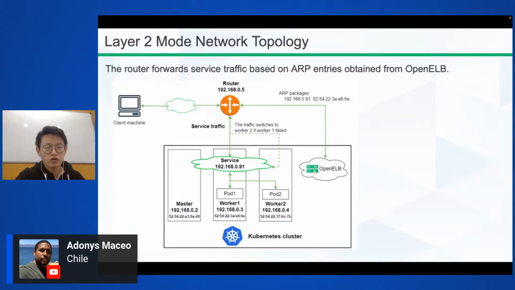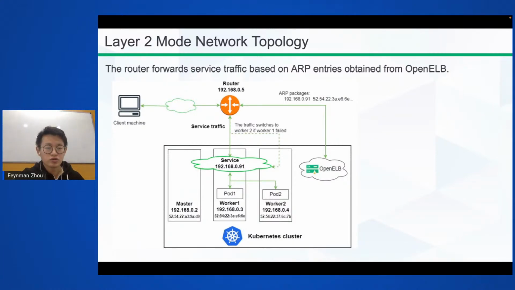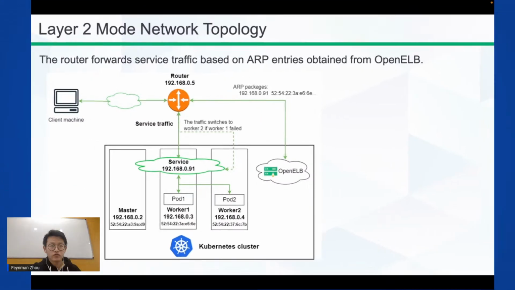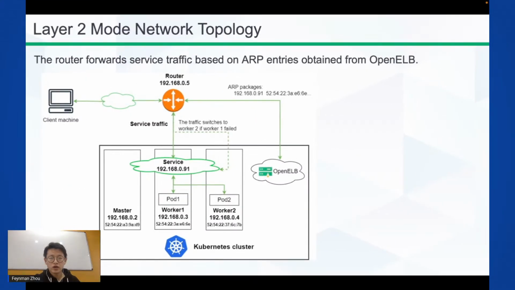As we mentioned before, OpenELB supports 2 ways to expose your services. The most commonly used one is layer 2 mode. That means you can expose your services without an external switch. This is a kind of software router solution for you to expose your service.